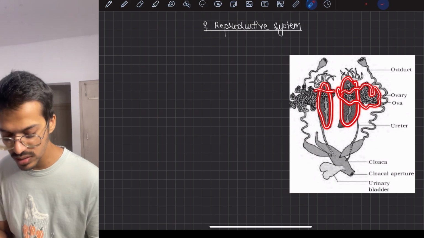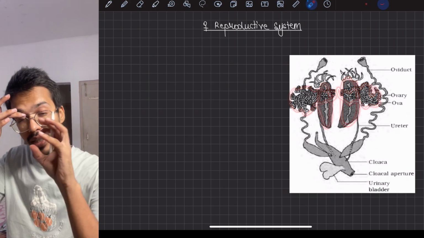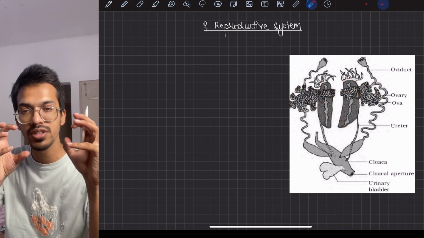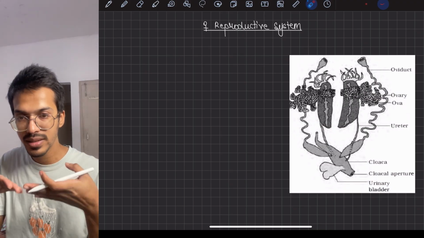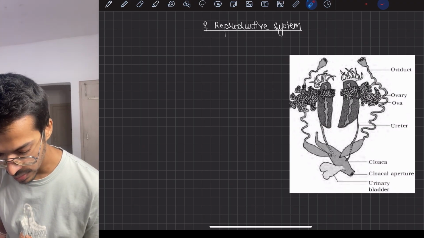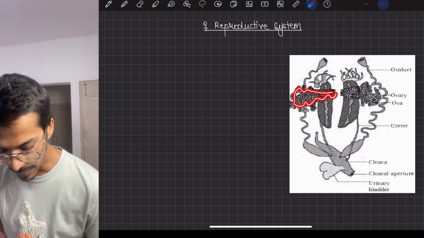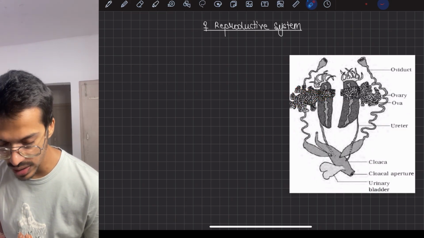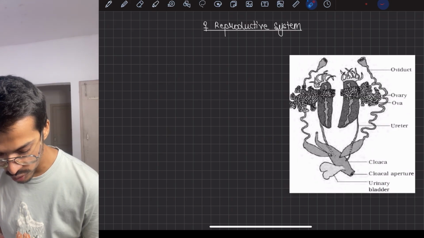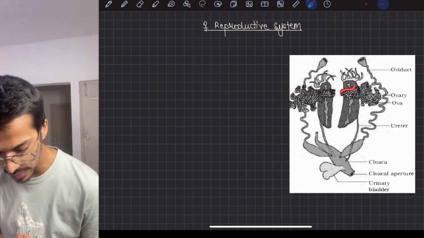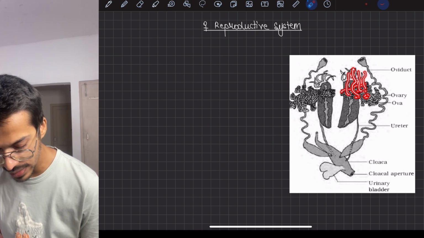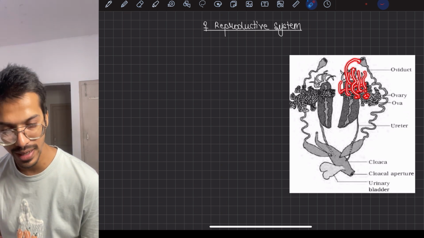Okay, so they are present at that point. Now these ovaries are not connected to the kidneys, actually there is no such connection present in their case. If you see this ovary, whatever egg would be there, it will be released here in this space where it will be taken up by what? Oviduct, this funnel kind of thing.